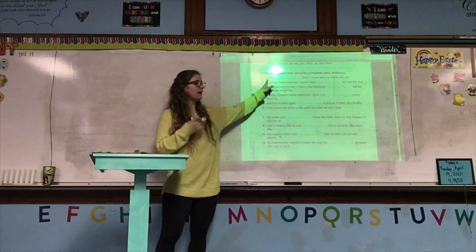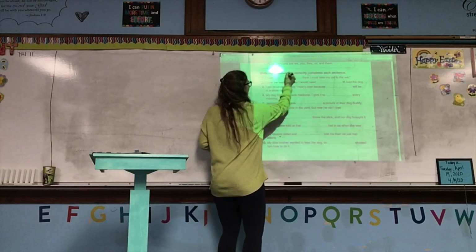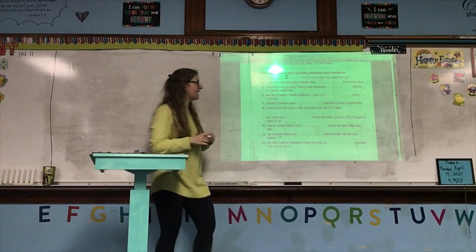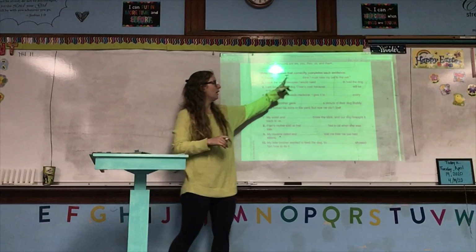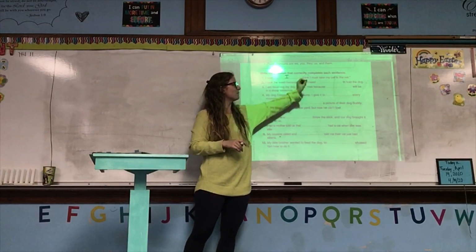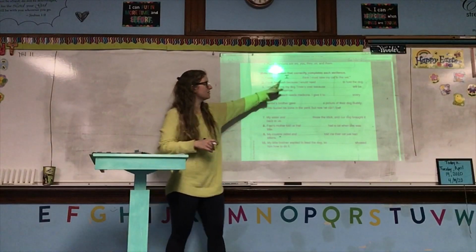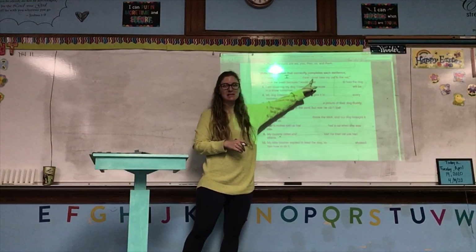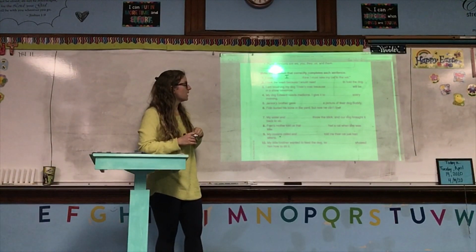Well, we know that I am the one saying it, so we have to say, I think I must take my cat to the vet. Because we wouldn't say, she think I must take my cat to the vet. I am saying it. I have to take my cat to the vet. So I think that I have to do it.